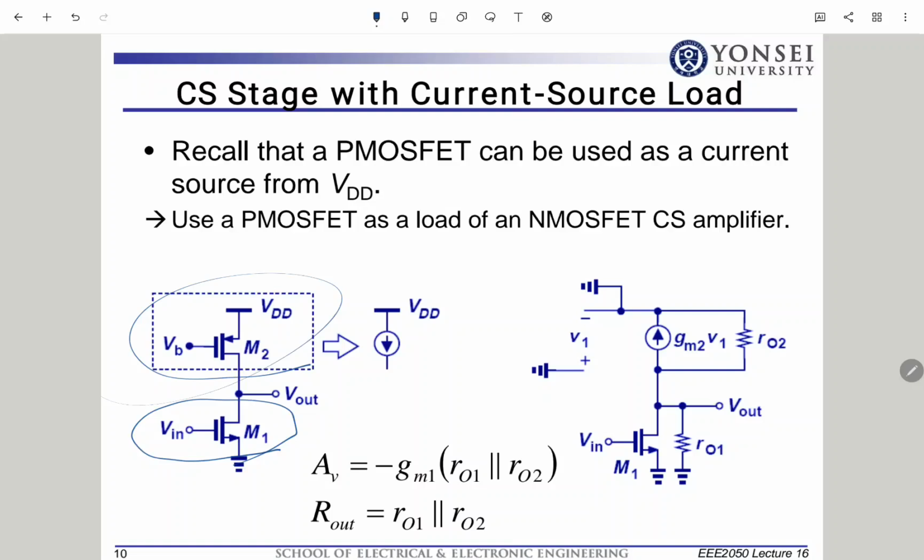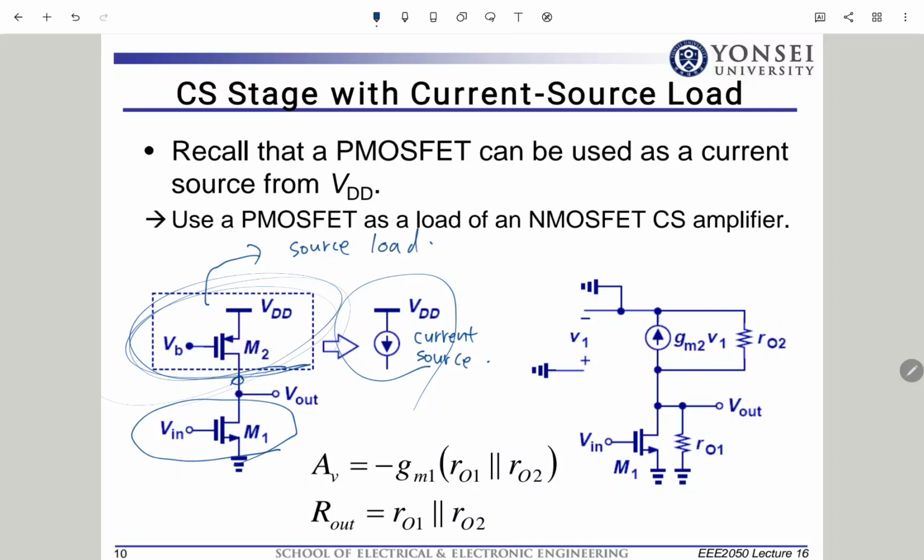Can we say that? R of S, right? Because this is directly connected to the source side. And this transistor can be viewed as a current source, so we can replace this transistor with a current source. So here we can see that this transistor serves as some kind of source resistance, whatever you want to say.